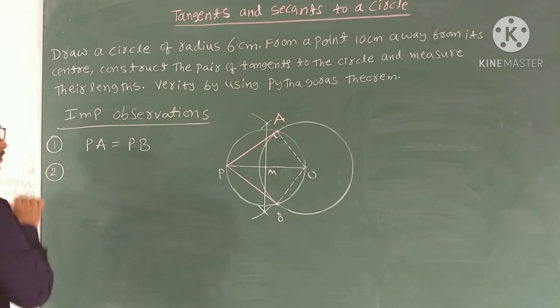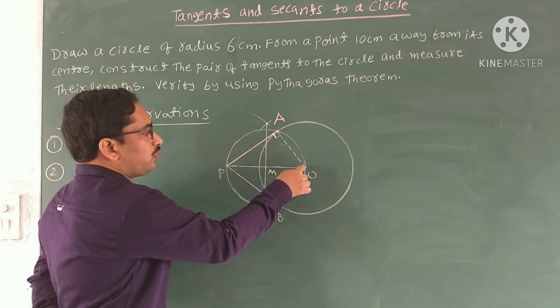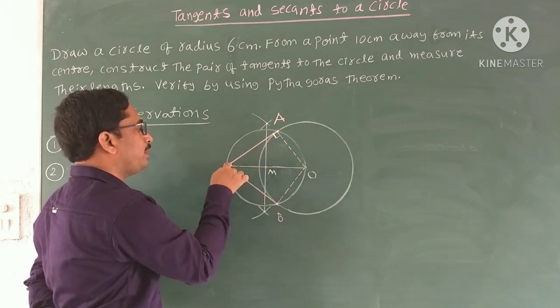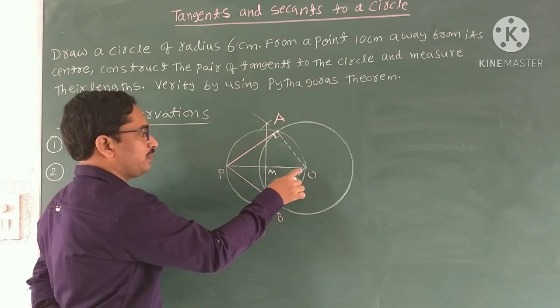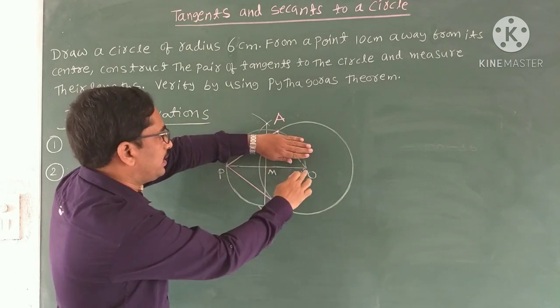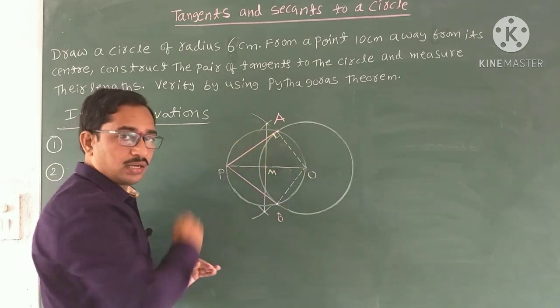And the second one, observe in the diagram the triangle OAP and triangle OBP. The first triangle, the upper triangle OAP, and the lower triangle OBP. These two triangles are congruent.